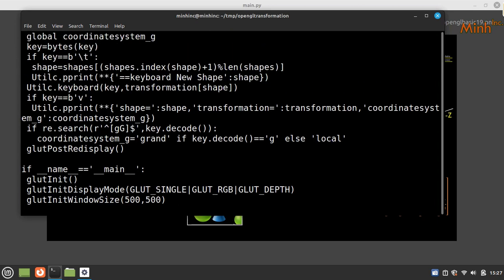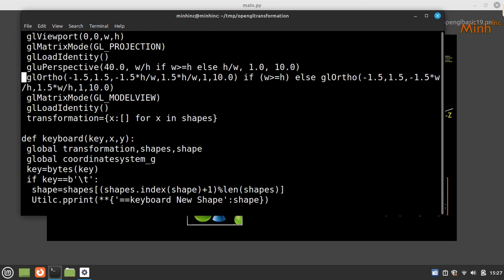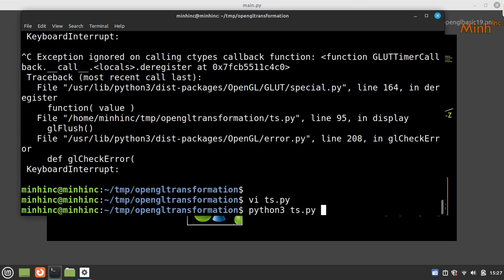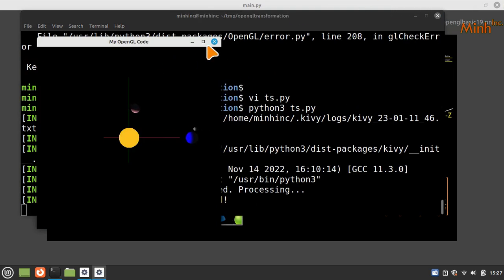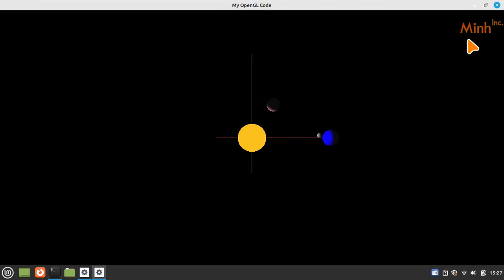Same thing we can run in perspective mode also. There is not much difference. The only thing is, if it goes far, then it would be smaller. So this is perspective mode, and we saw ortho mode, which was spanning across the screen. Okay, so this is the solar system.